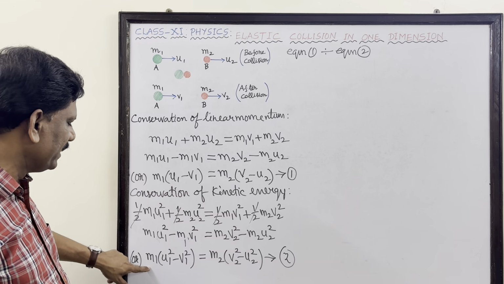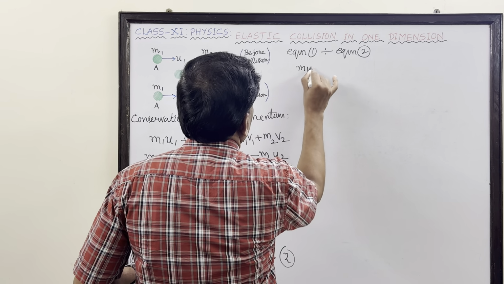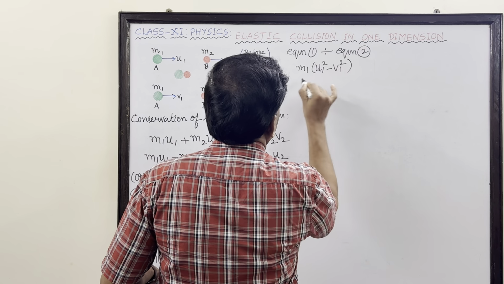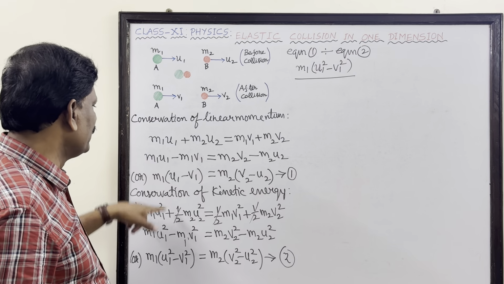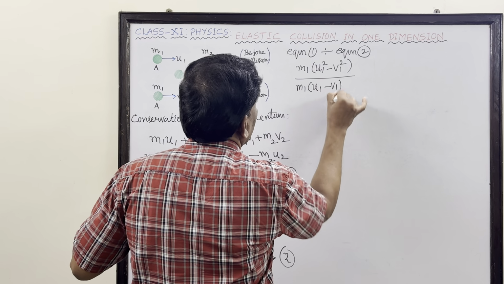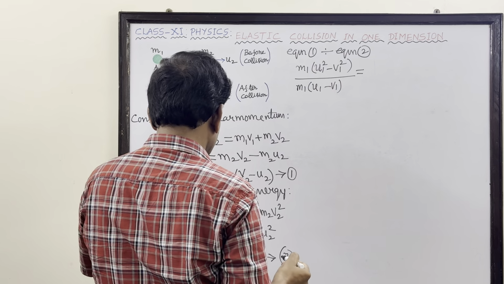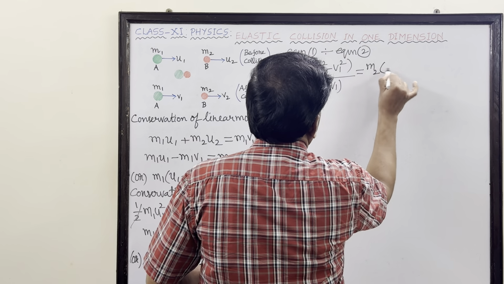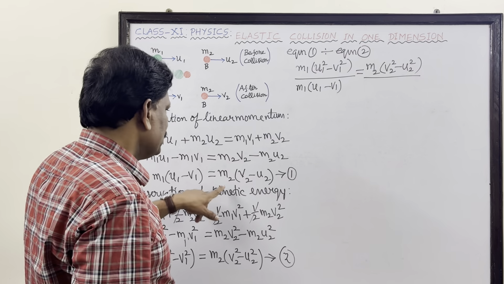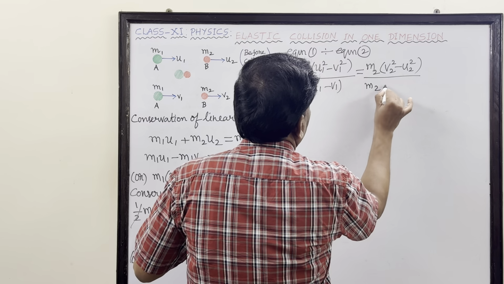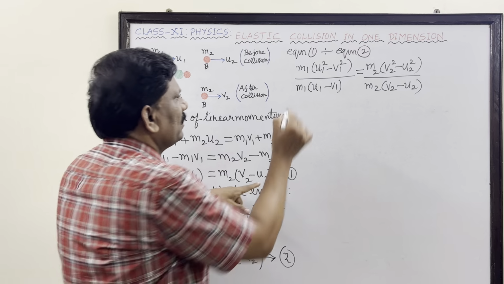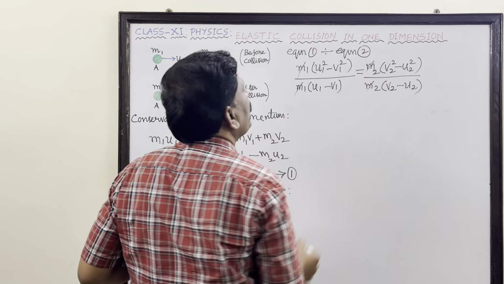The left hand side of the second equation is m1 into (u1 square minus v1 square), divided by the left hand side of equation 1, m1 into (u1 minus v1). The right hand side of the second equation is m2 into (v2 square minus u2 square), divided by the right hand side of equation 1, m2 into (v2 minus u2). The m1 and m1 get cancelled, m2 and m2 get cancelled.